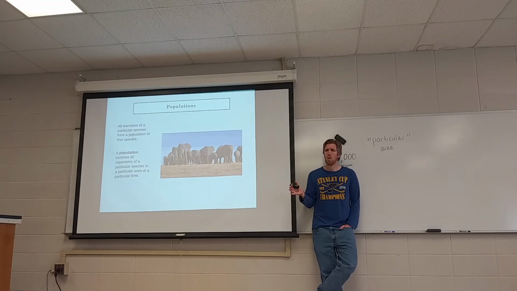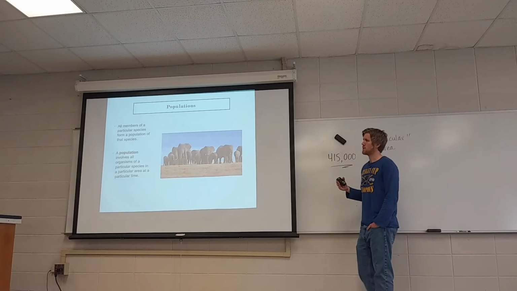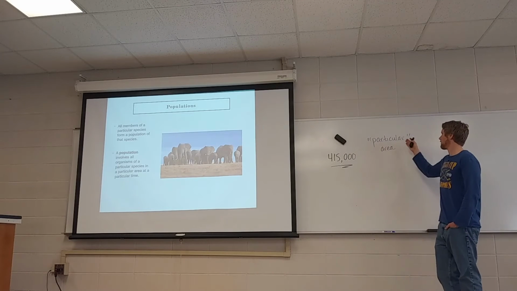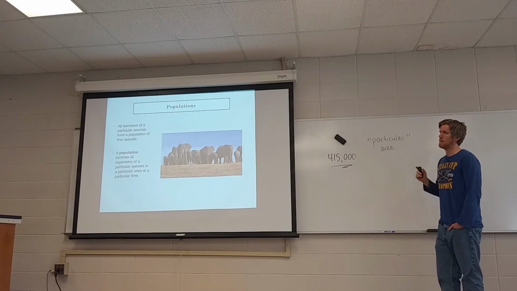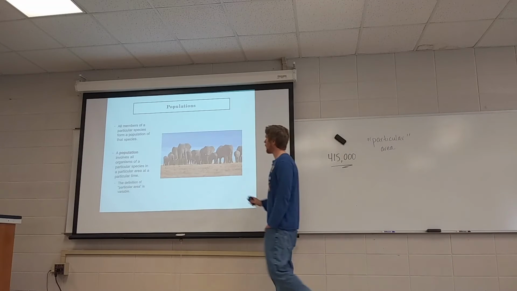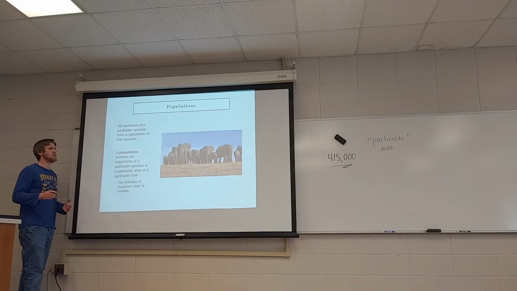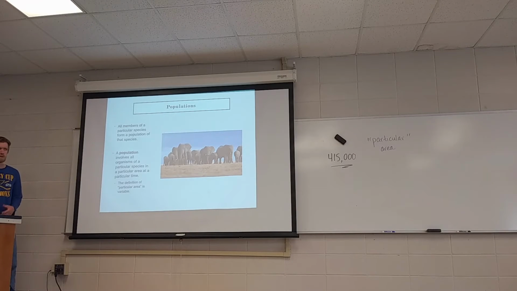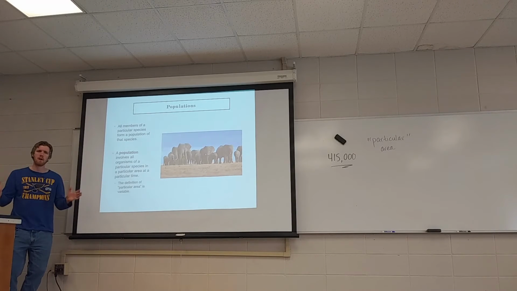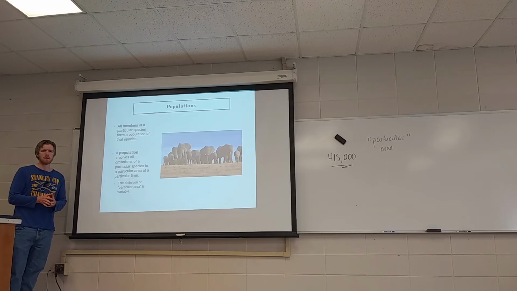The population of the world is about 7.5 to 8 billion. All of those are examples of the human population. Our particular area is variable. And it works that way for living things too. The key is that a population is simply the number of individuals in whatever area you want at a particular time.